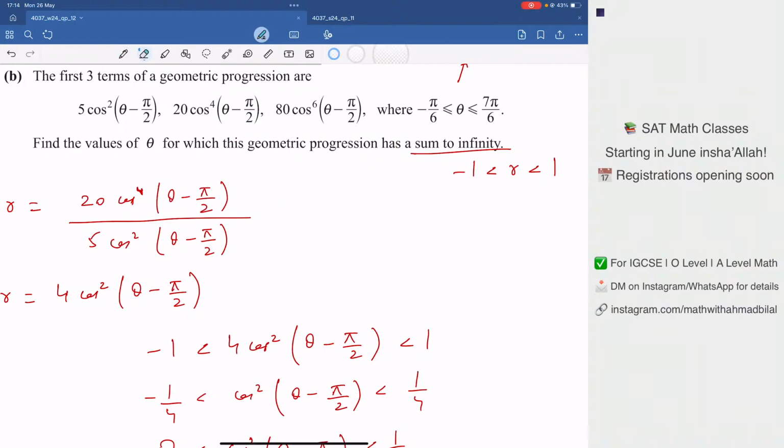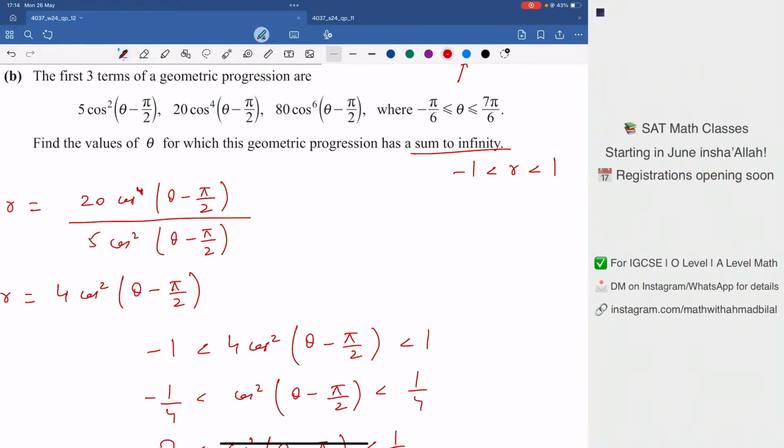Now, since it's a geometric progression, what that means is the ratio between consecutive terms has to be constant. However, there are some values of theta here that could be a bit problematic.